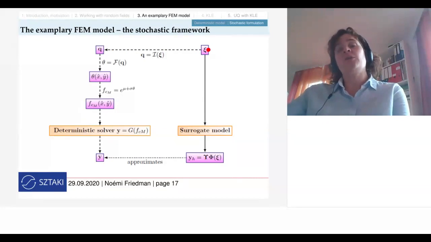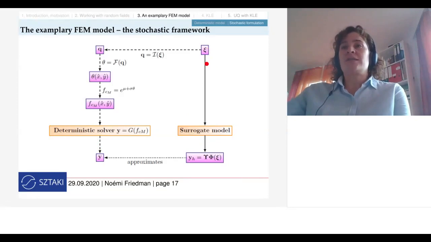Okay, I will make a surrogate model replacing this computationally expensive deterministic solver, which takes the values of psi and gives me the values of the observable, replacing it with something which is computationally very cheap.